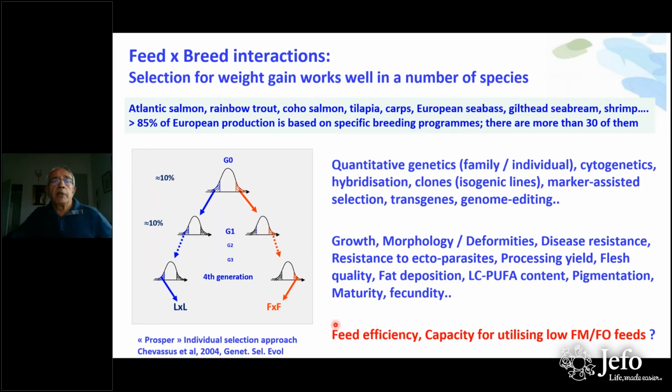But one major issue that's challenging for everyone is how to improve the efficiency of the utilization of the feeds. There are a number of initiatives currently going on with more or less success, and also to use novel diets containing low levels of fish meal and fish oil feeds.